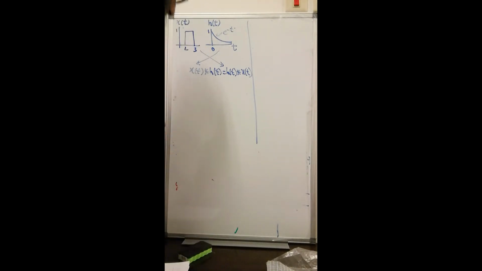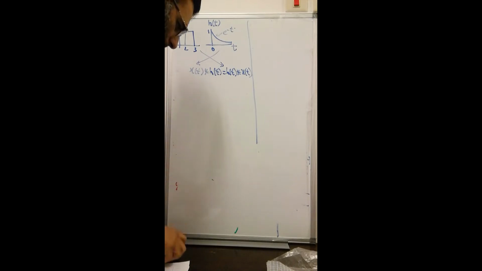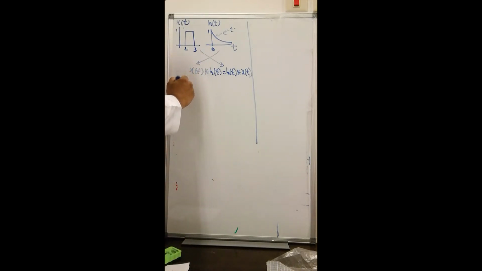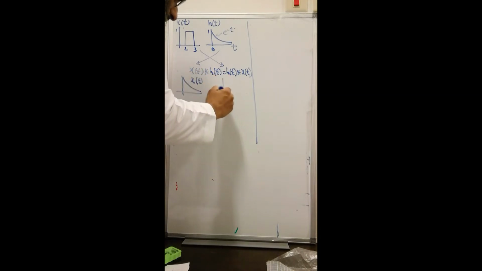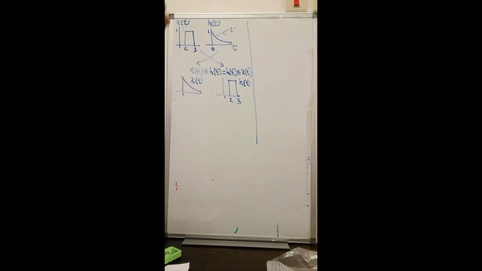So in this case, we will make this our x of t, and this will be h of t, and then we start applying the convolution.